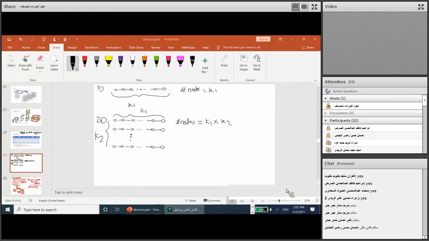What is the general case? From 3D to ND. In 3D, the number of nodes is K1 times K2 times K3.